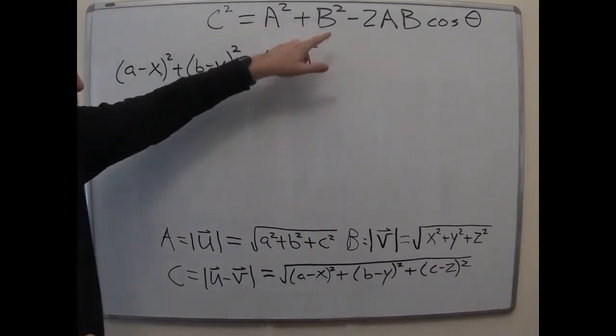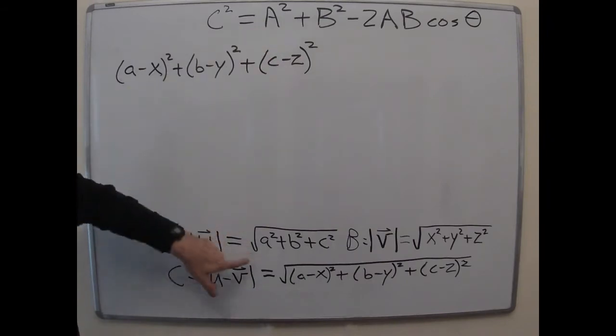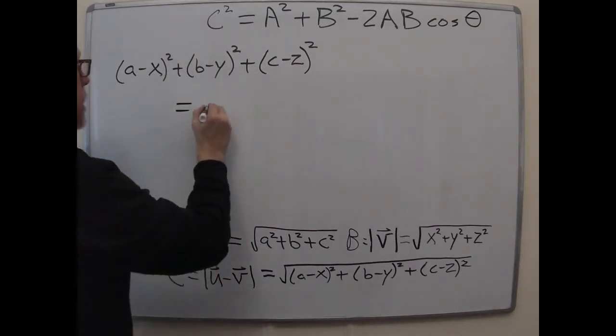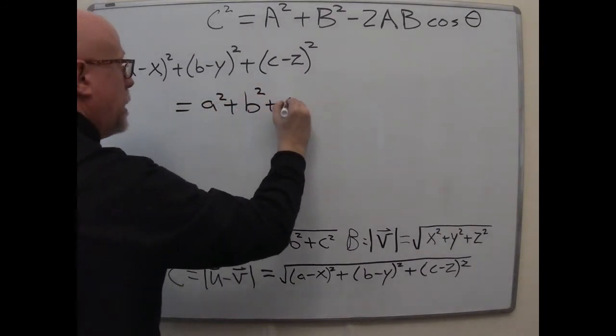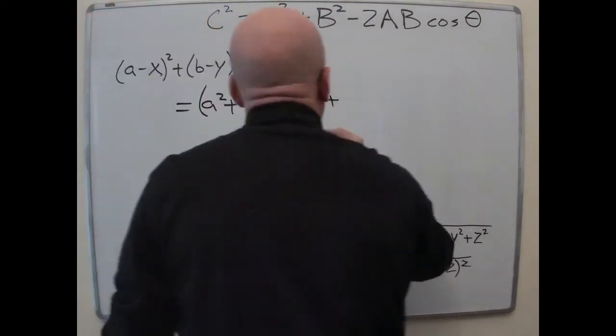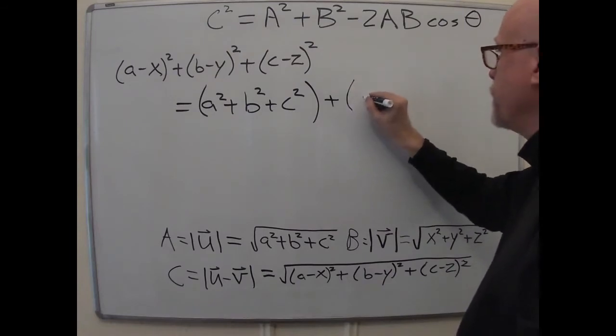A squared and B squared both have a similar simplification. You're squaring something that's got a square root on it. So you get a squared plus b squared plus c squared from the one, and you get x squared plus y squared plus z squared from the other.